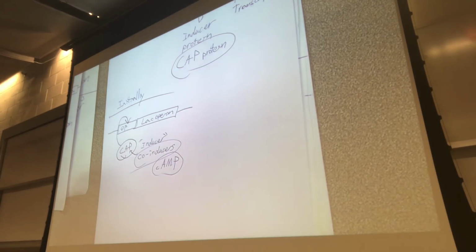All right? So if cyclic AMP is present, it will bind to cap, change the structure of the cap inducer protein a little bit so that it prefers to bind to the empty operator now.